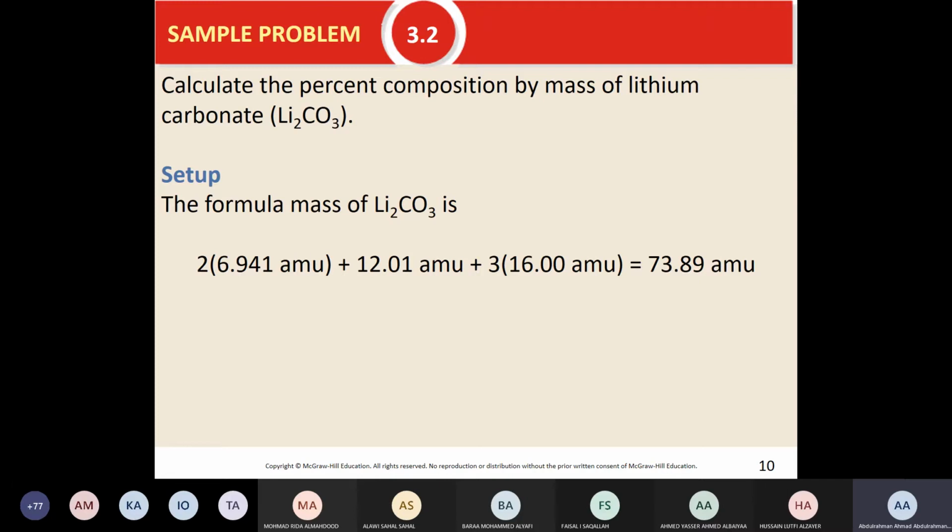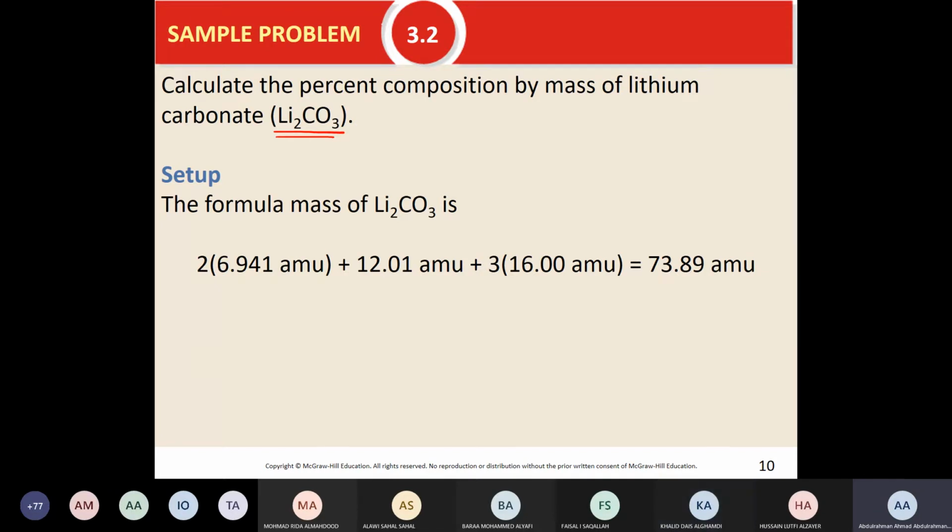I want you to tell me what's the mass of lithium carbonate? From your periodic table, don't look at the answer here. 73.89.